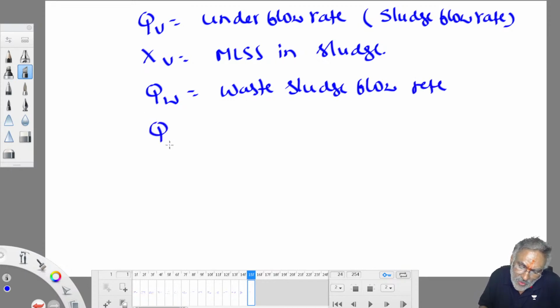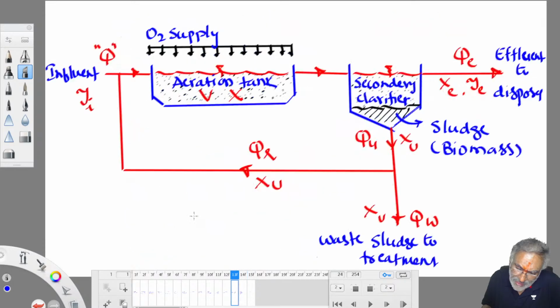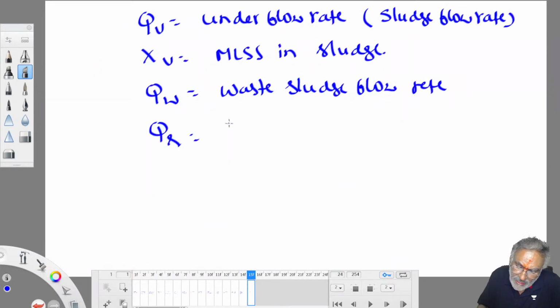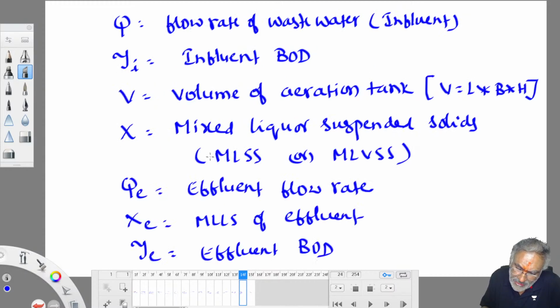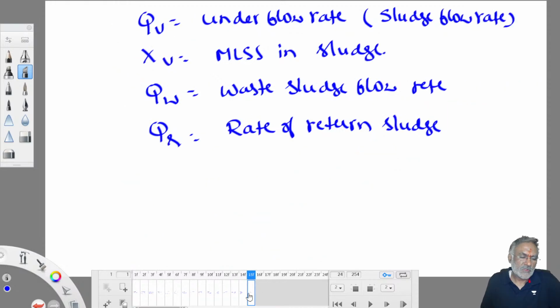Next, QR. QR is where? Here. This QR is nothing but rate of return sludge. So 1, 2, 3, 4, 5, 6, 7, 8, 9, 10, 11. 2 terms repeated, 13 total. So this whole process is around 13 terms.